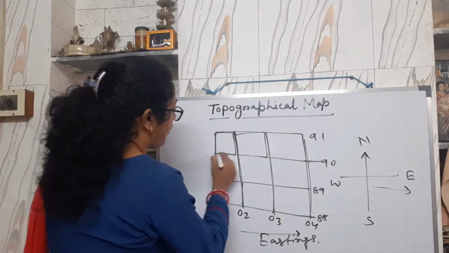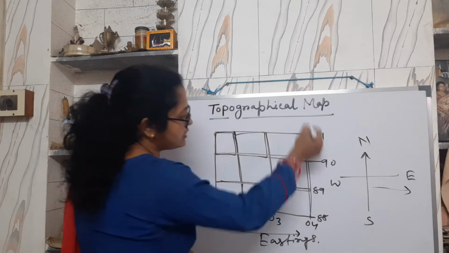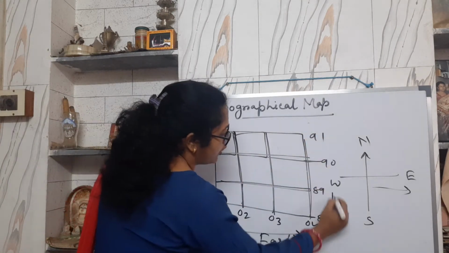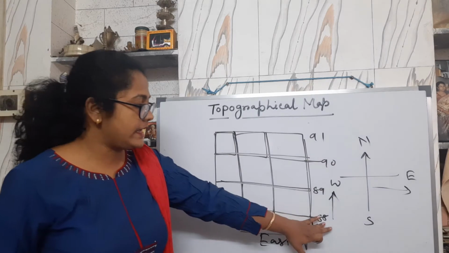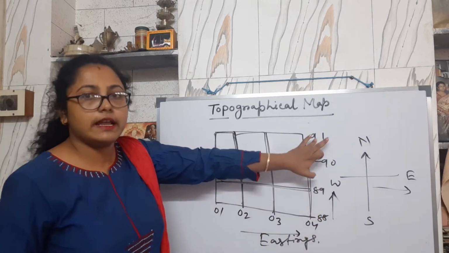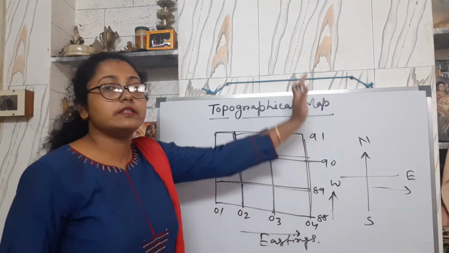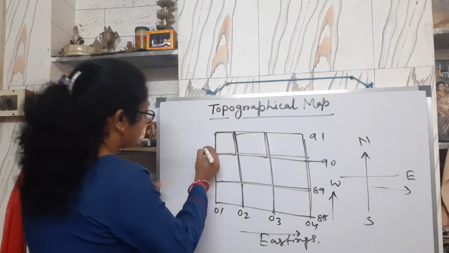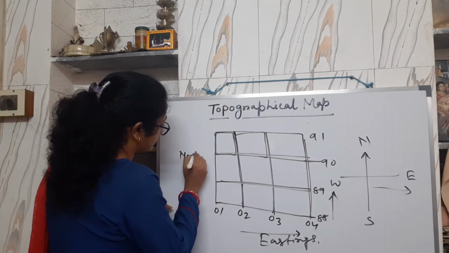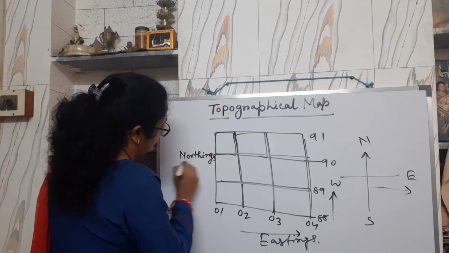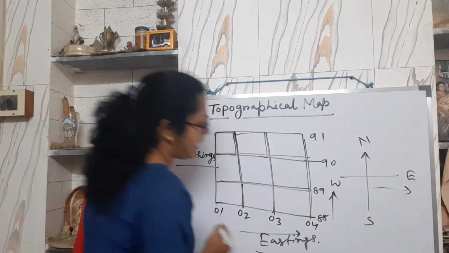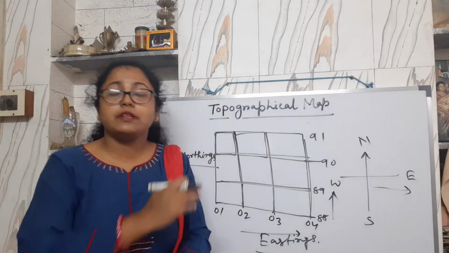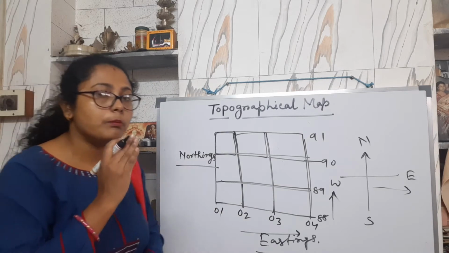Now in the case of horizontal lines, see the values are increasing towards the north: 88, 89, 90, 91. That means the values are increasing towards the north. So these are known as northings. Eastings and northings: the grid reference system has two components.